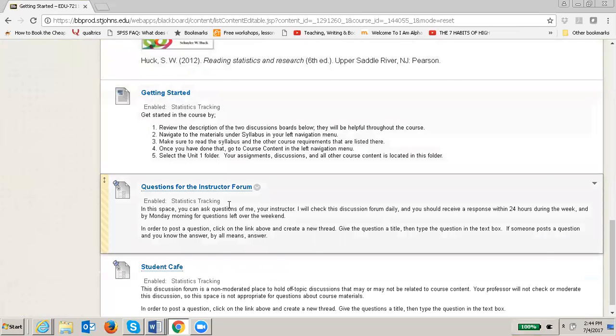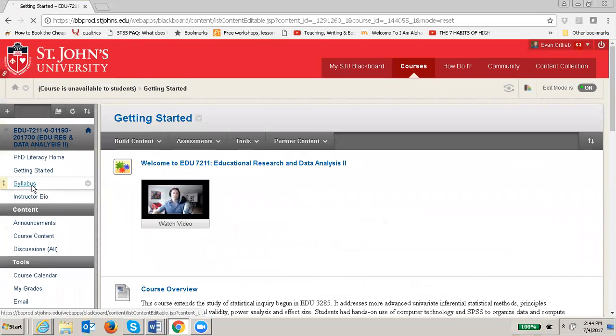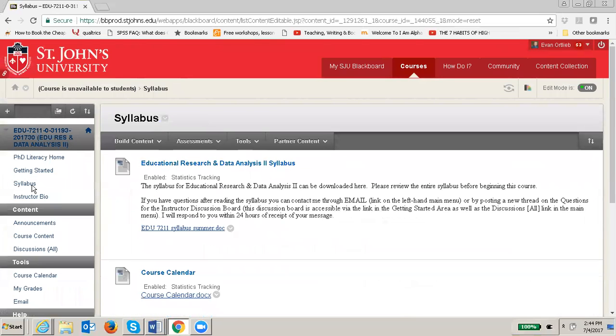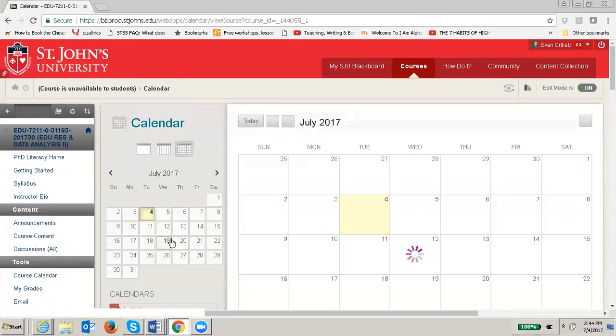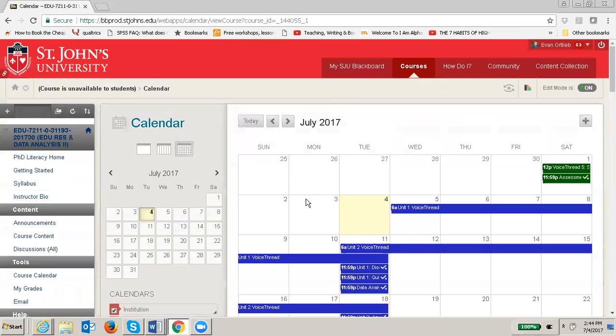Also access to the instructor forum and student cafe as always. In the following link, you'll have both the syllabus and the course calendar. The course calendar can also be accessed through the toolbar on the left-hand side further down the way here. I've not only integrated it here into the calendar for you to have this visual access, but also back here, as I just mentioned before.